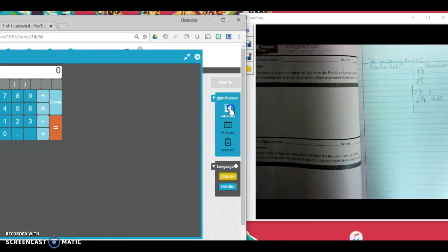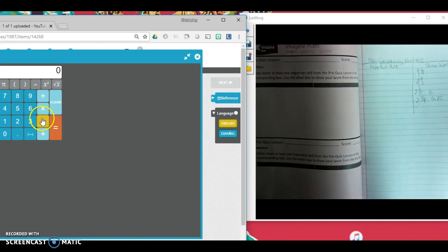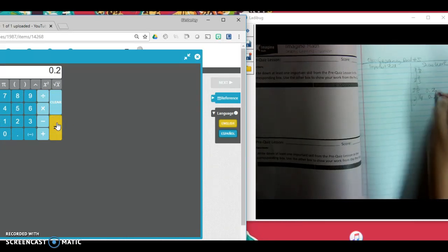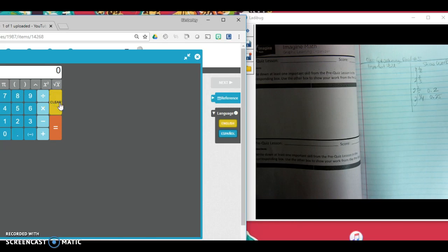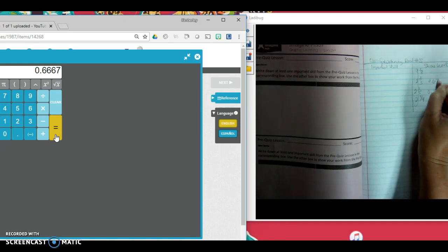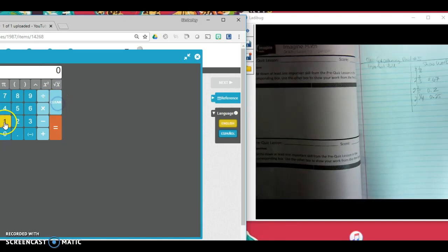I can use my calculator here. 1 divided by 5 is 0.2. I can now do 2 divided by 3. 0.67, then 1 divided by 8.